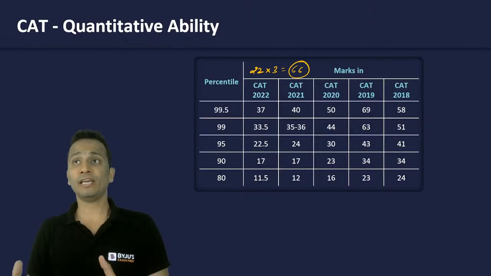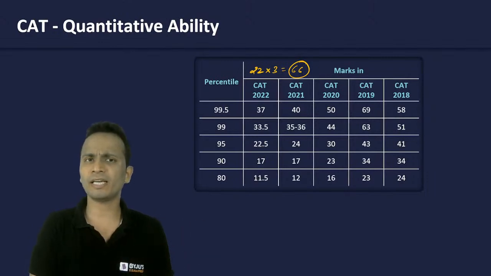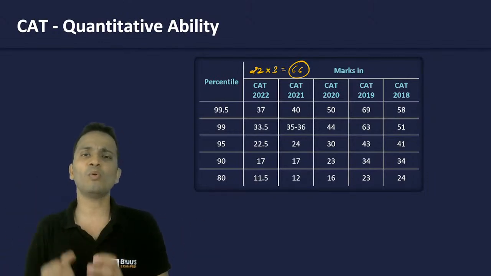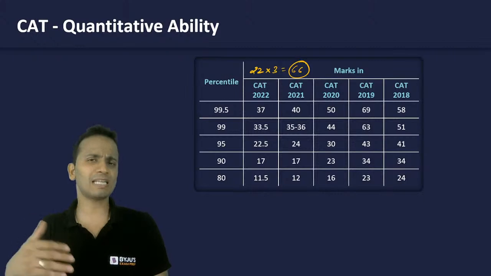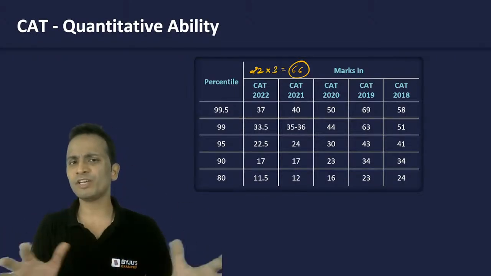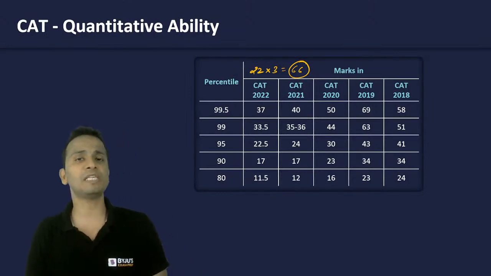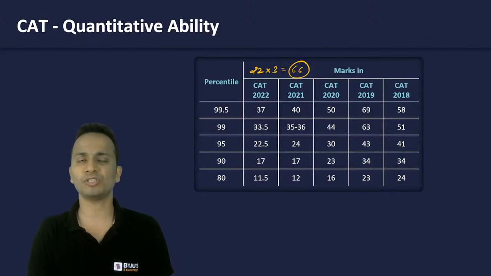All right. If the section level of difficulty is on a higher side, then this number will decrease. So this may slightly vary, but generally speaking, I'm just giving you the approximate number of questions that you must be targeting in order to score 90 percentile.